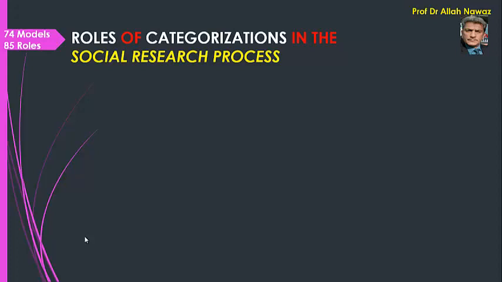It is one of the models based on the effects of the models used by social researchers. So effect-based classification has been used only to reduce the huge number of 74 models into something which is controllable and memorable by the beginners as well as by the old users of these models, and the effort is only to help them in understanding and coming closer to the application of different models in their research projects.